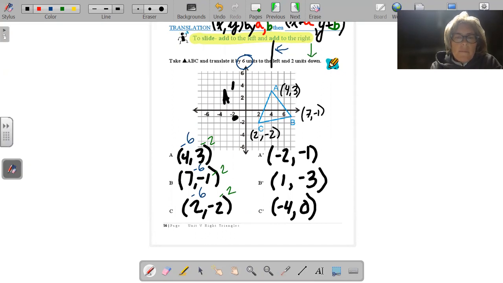That's A prime. (1, -3) is going to be B prime, and then (-4, -4), excuse me, that's going to be C prime.